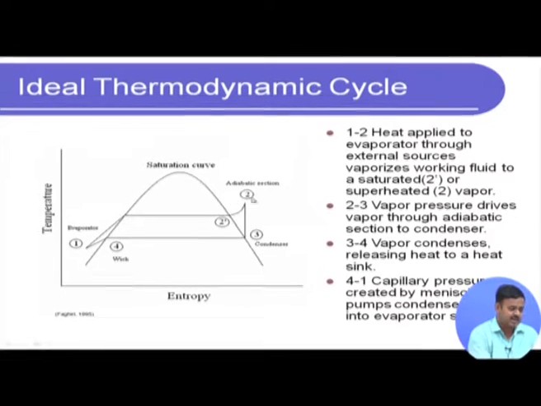2 to 3 is the adiabatic section, because this is where the vapor pressure drives the vapor through the adiabatic section to the condenser, and from 3 to 4 the vapor condenses, releasing heat to the heat sink. This is the condenser section, where the vapor condenses back, and finally the pumping action of the capillary brings it back from 4 to 1.